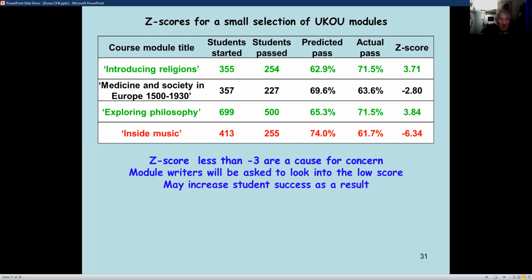So this is the one in red. So in this case, the module authors will be asked to investigate why their success rate is so low. This may increase student success as a result.